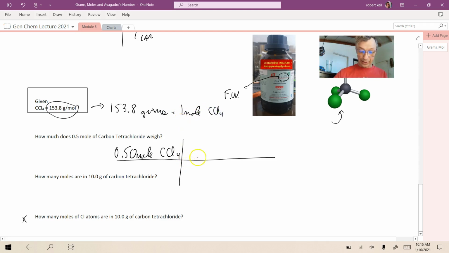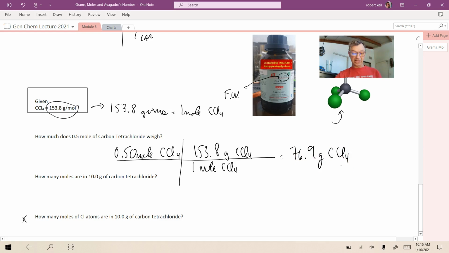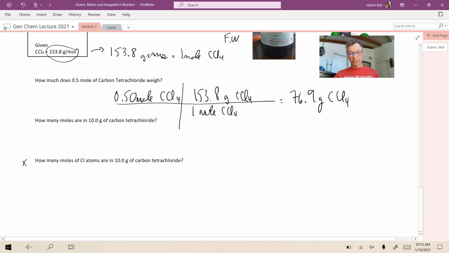So you can turn that into 1 mole on the bottom, and it equals 76.9 grams. And so always try to include that little label. It looks nice. Especially later, if you're doing more complex calculations, it really pays off.